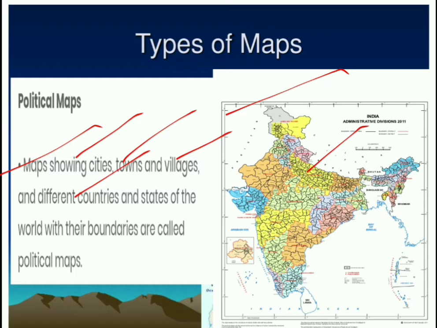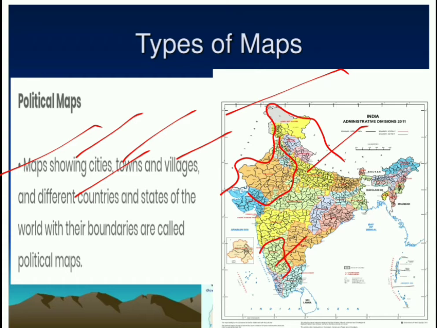Here we get the boundary of the Indian subcontinent as well as the states divided into districts. In this particular map we have taken the Karnataka state map. We get the district division as well as the towns and the villages. This type of map is called a political map.